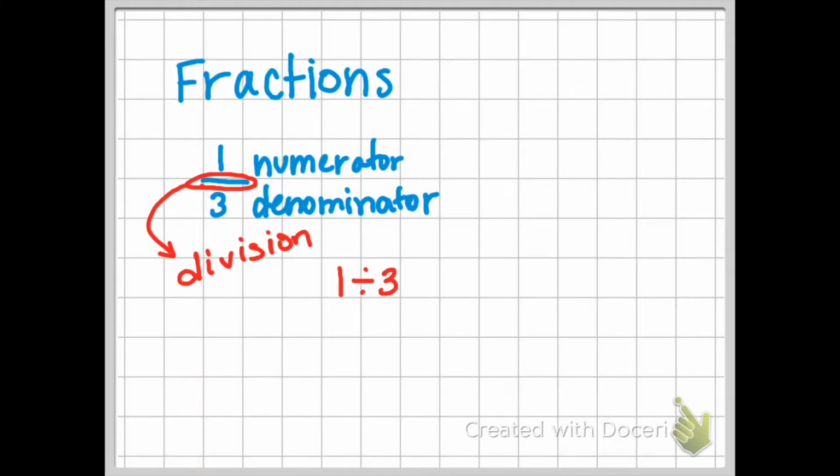Same thing if you were to write maybe a larger number, like 12 over 56. Well, 12/56 is a fraction, but again, this also equals 12 divided by 56.